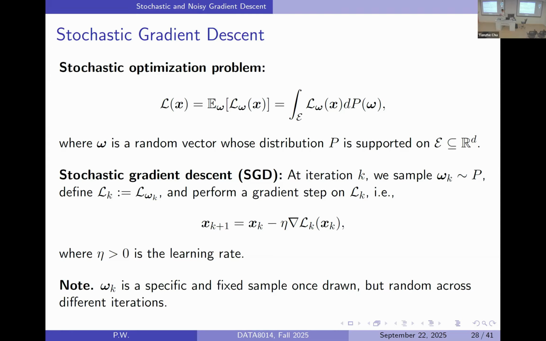When we use stochastic gradient descent, the basic update follows: at iteration k, we sample some random vector. I think this may be different from what you have seen, where you already define a finite sum. This is a generalization of that form. In most papers, they consider i equals 1 to m, a finite sum, with samples x_i, y_i sampled from some distribution.